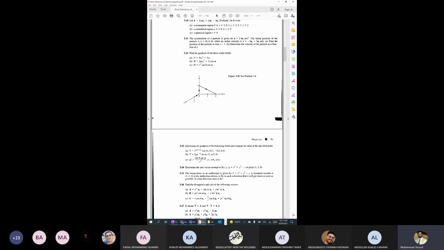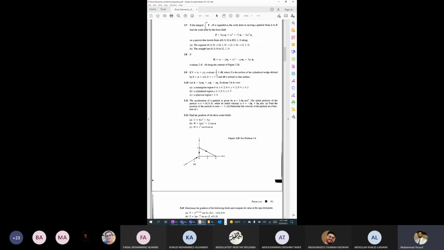The coordinate of this point here is 1,0,0, and then it is going to 0,0,0. Then from 0,0,0, it is going to 0,0,1. Then from 0,0,1, it is going to 0,2,0. So here three curves are given for question number 3.8.